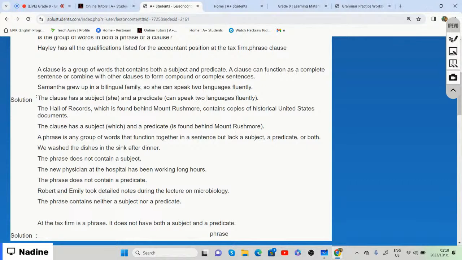And then we have the Hall of Records. The Hall of Records, which is found behind Mount Rushmore, contains copies of historical United States documents. In this case, the clause has a subject, which is which, and a predicate, is found behind Mount Rushmore.